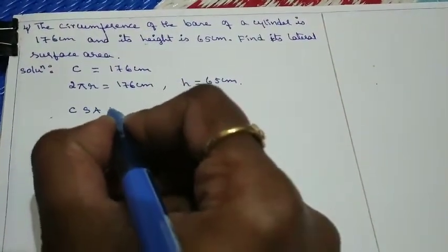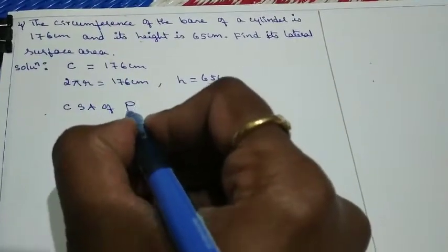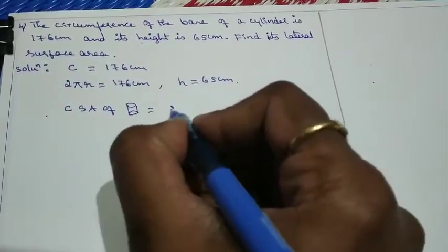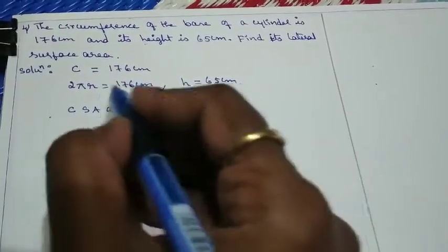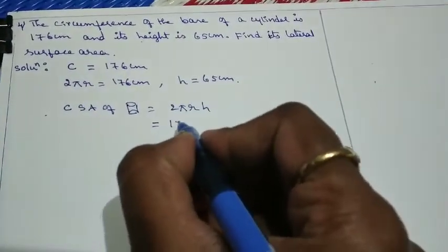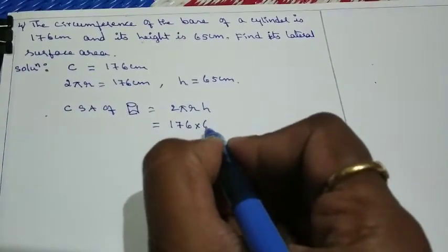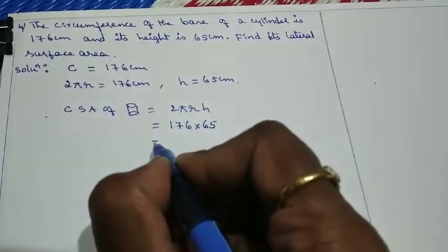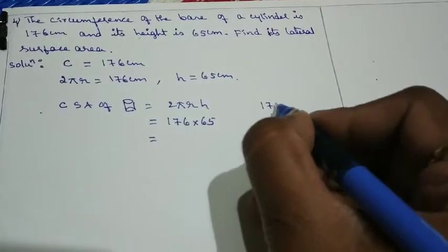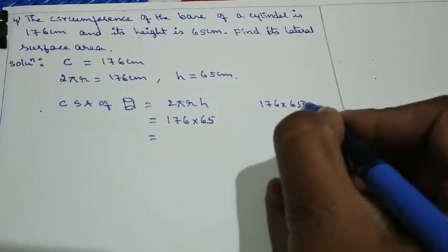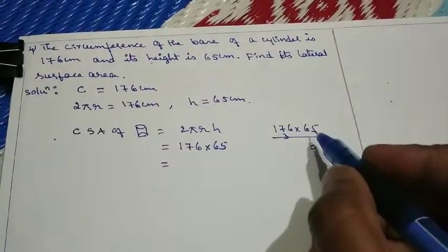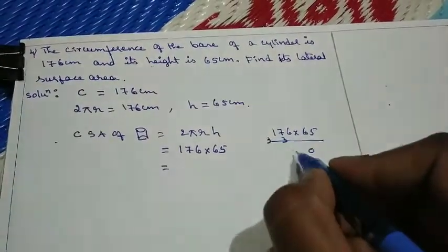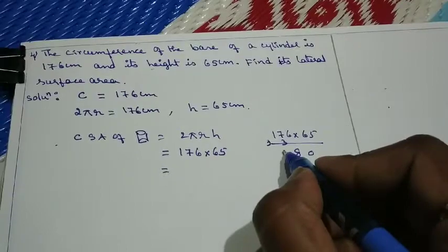CSA of cylinder. We know that CSA of cylinder equals 2 pi rh. We have the 2 pi r value. The 2 pi r value is 176 into 65. So what's the resulting answer? 176 into 65. 6 5s are 30. 7 5s 35, 38. 5 1s 5, 38.